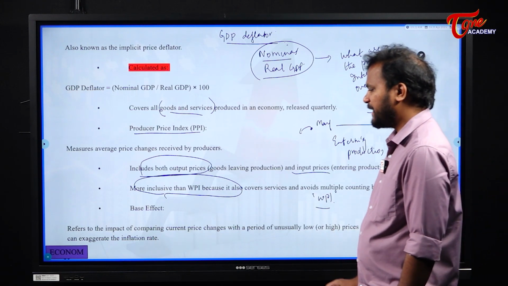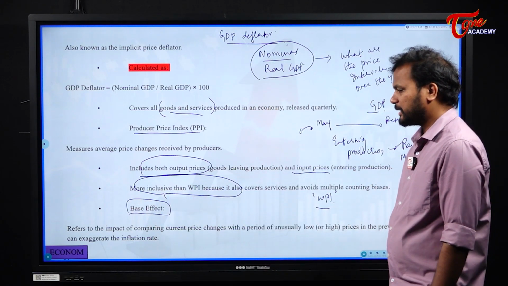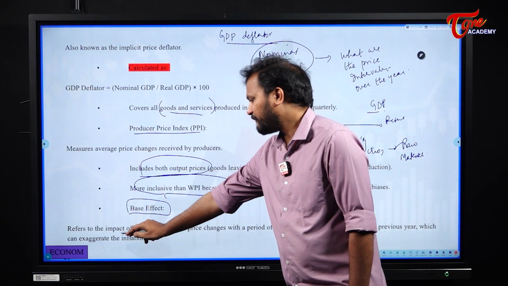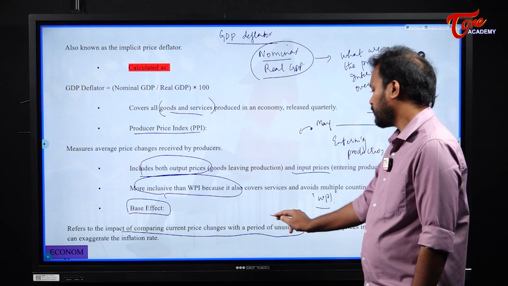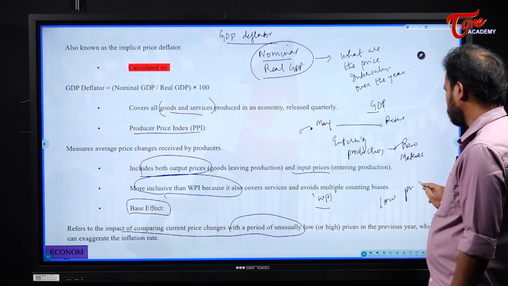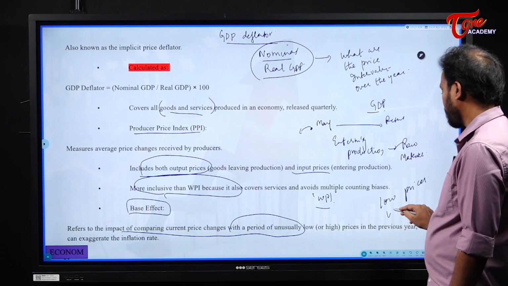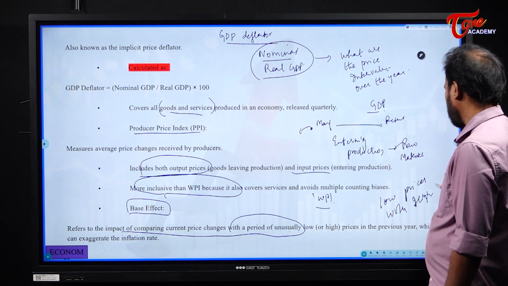Clear? Next, base effect. See, base effect is nothing but it refers to the impact of comparing current price changes with a period of unusually low prices, or with high prices or inflation.